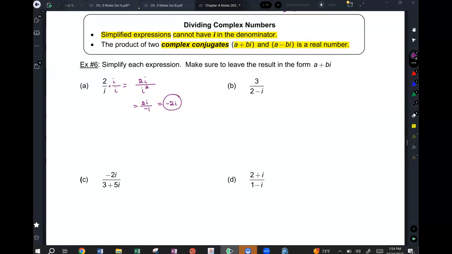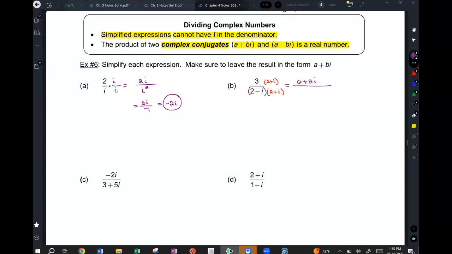Okay, here, always put this in parentheses, and now we have to multiply top and bottom by the complex conjugate. So, in the numerator, I distribute, and I get 6 plus 3i. Okay, in the denominator, look very carefully at this. We're going to do the pattern here.